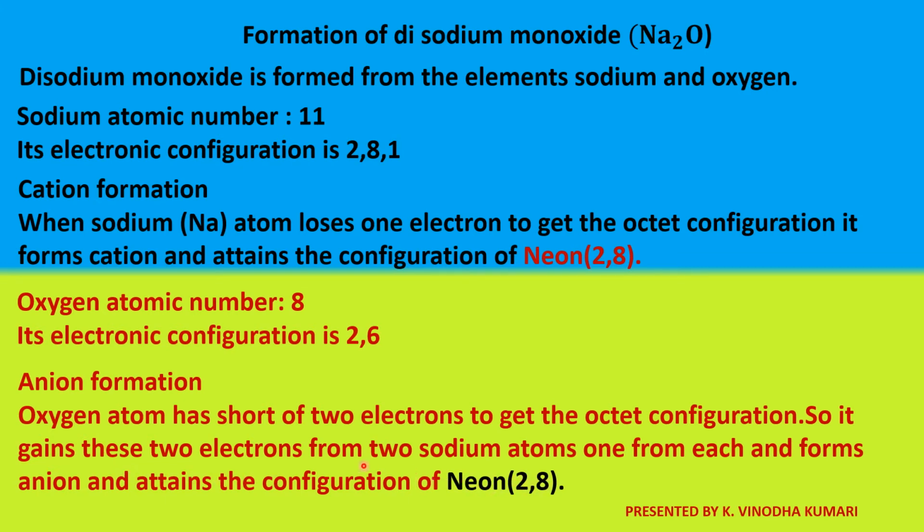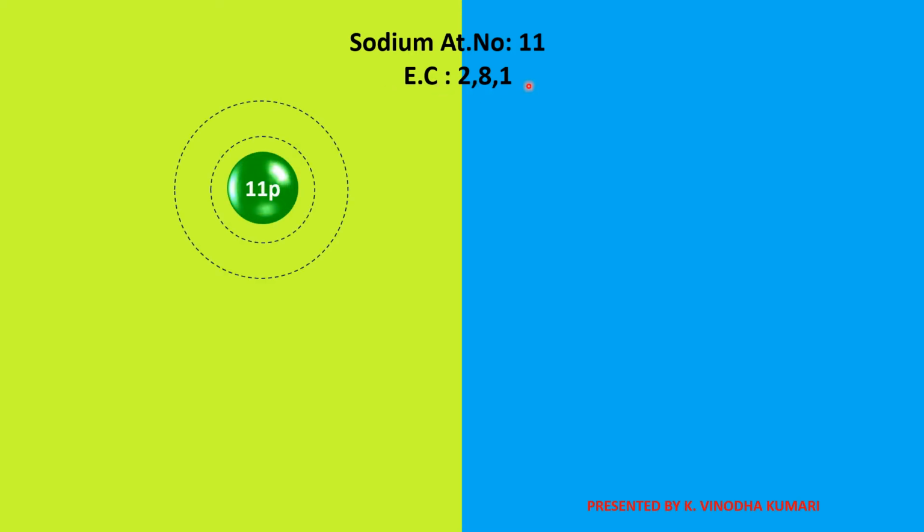Now we'll see the transfer of electrons from sodium to oxygen. Sodium atomic number 11, electronic configuration 2, 8, 1. So 11 protons in the nucleus. In the first shell 2 electrons, in the second shell 8 electrons, and in the third shell it has 1 electron.